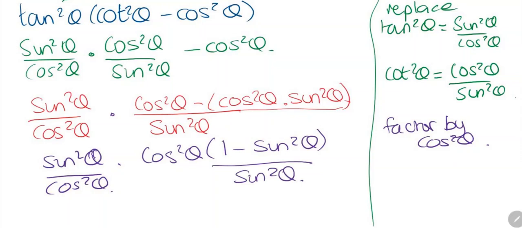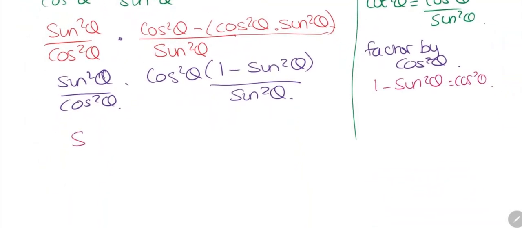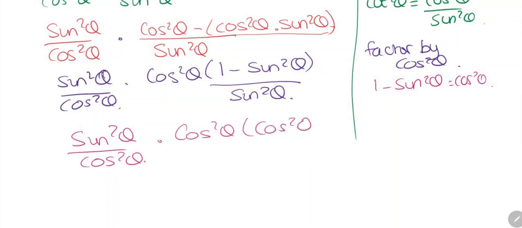So we can replace 1 minus sine squared theta with cos squared theta. So sine squared theta over cosine squared theta, and this is going to be cos squared theta over sine squared theta.